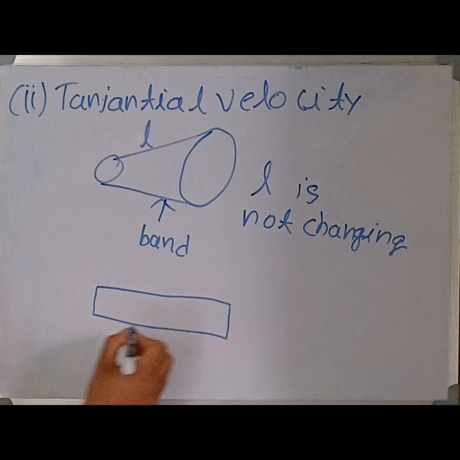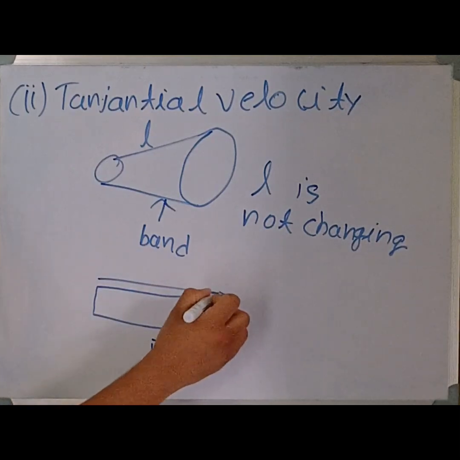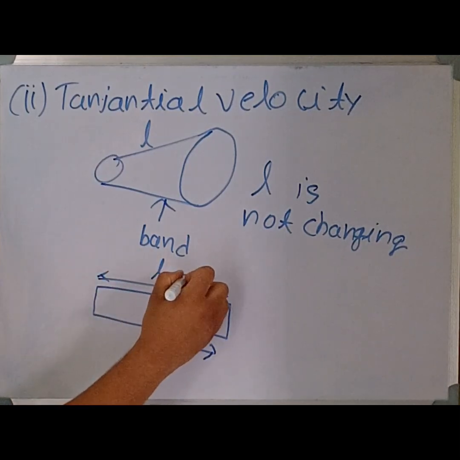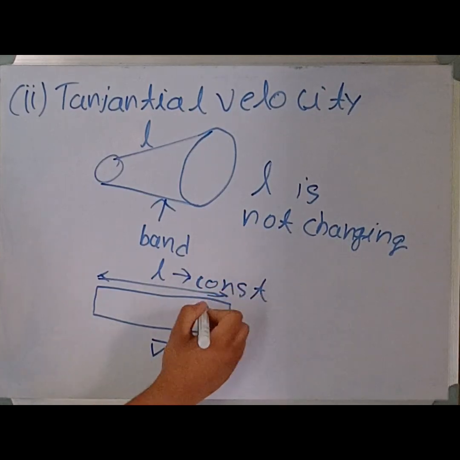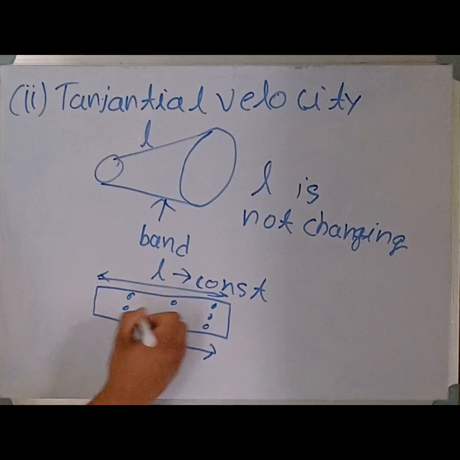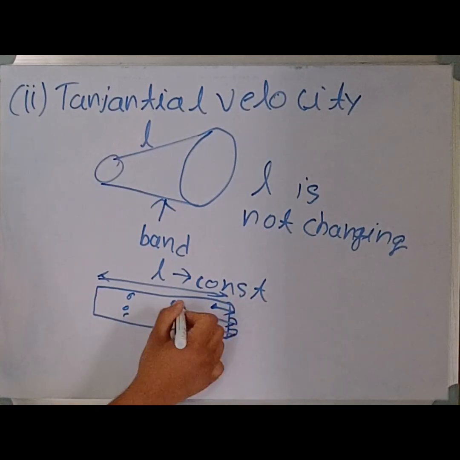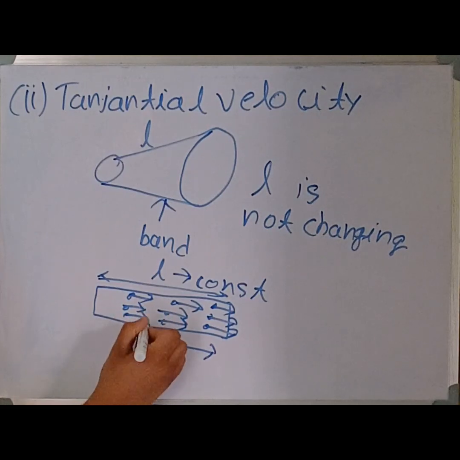Now the body is moving with a certain velocity in a direction, suppose in this direction. If the length or the dimensions of the body are constant, then it means that all the molecules, or all the particles, of this body are moving with the same velocity.